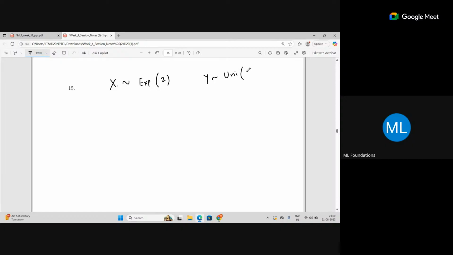X and Y are independent random variables.